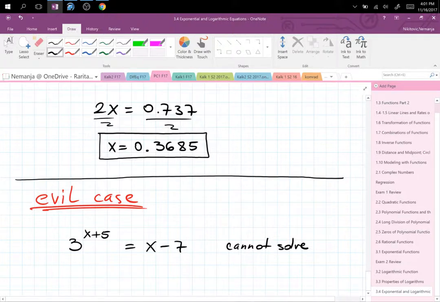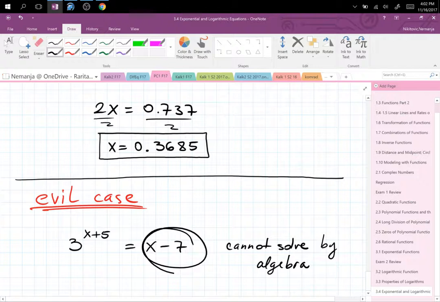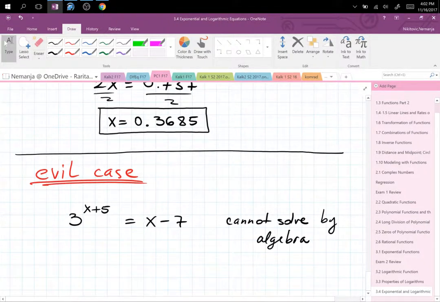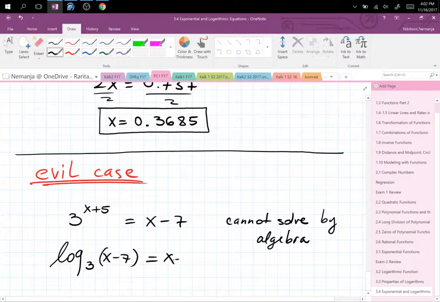But let's say it cannot be solved by algebra, like we did above. And the reason is, if you use conversion to free up this, you will bury this. If I go and use a conversion, the conversion will say log base 3 of x minus 7 is equal to x plus 5.